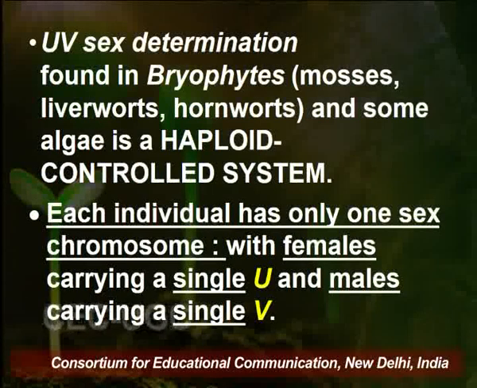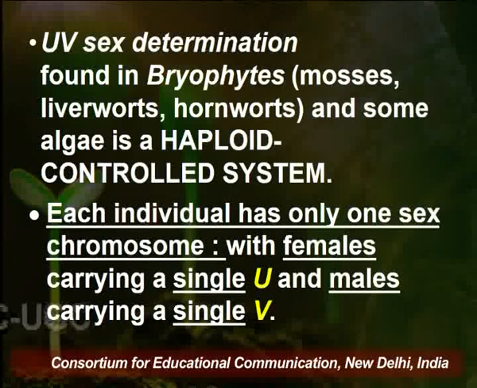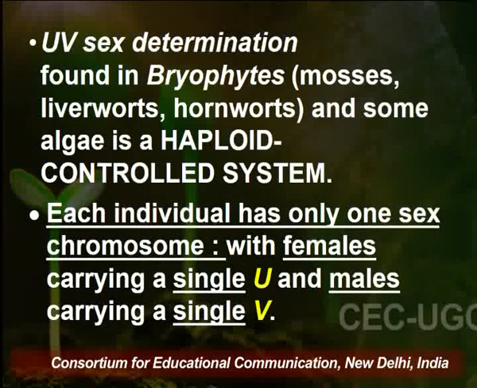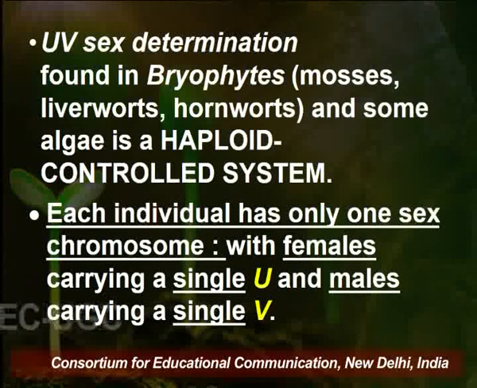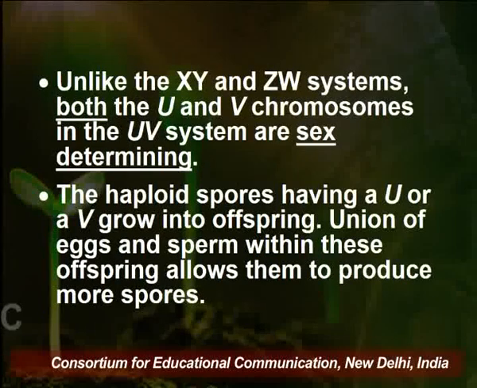So, basically it is a haploid controlled system, but it is very interesting. Each individual is haploid, so it has only one sex chromosome. Females are carrying only a single U and males are carrying a single V. So, it immediately gives us an idea of the X and Y at the back of our minds.